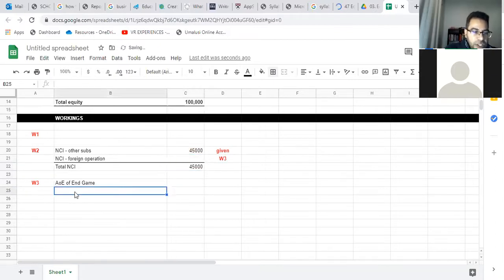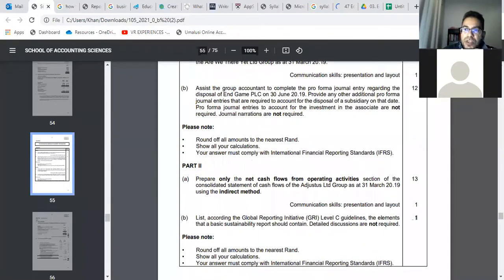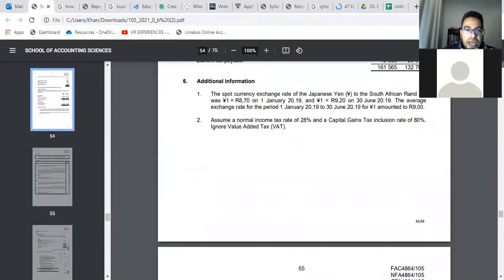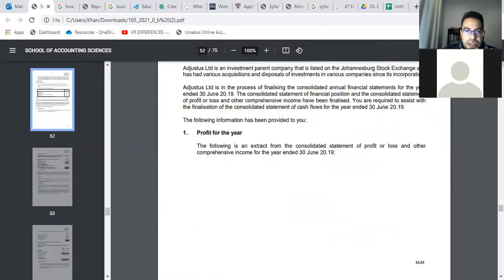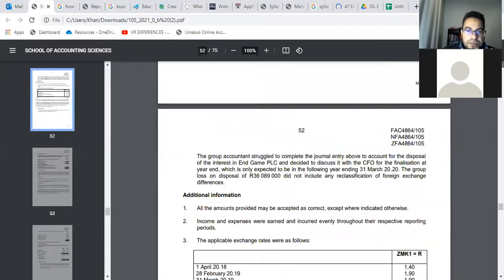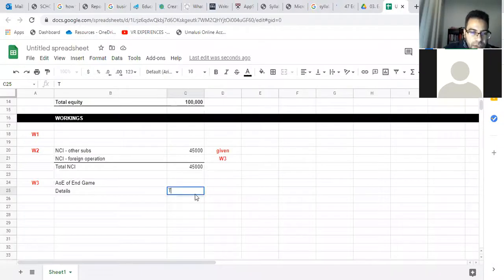Okay, so let's have a look. So here we're going to have details. We just set it up exactly the way they had it in the question. So exactly the way they set it up, that is how you set up an analysis of equity for a foreign subsidiary. So here we're going to have total.